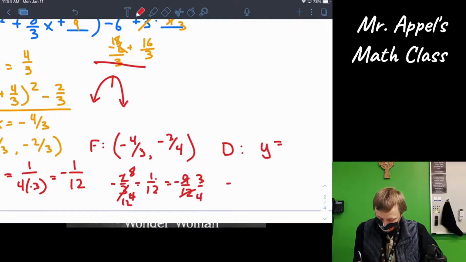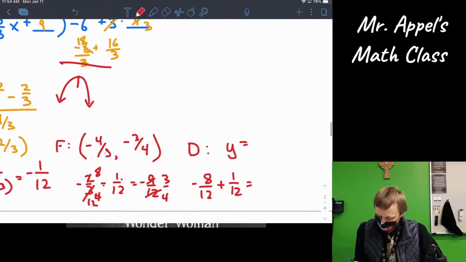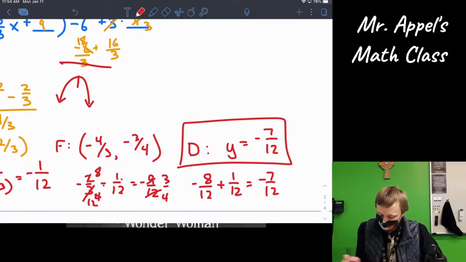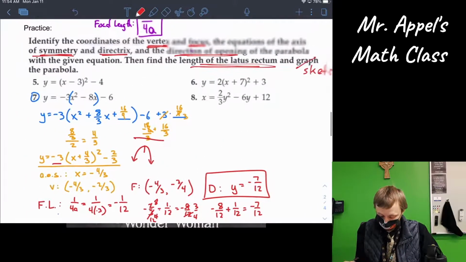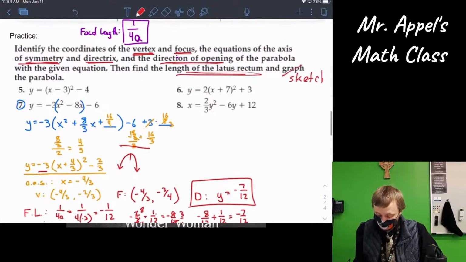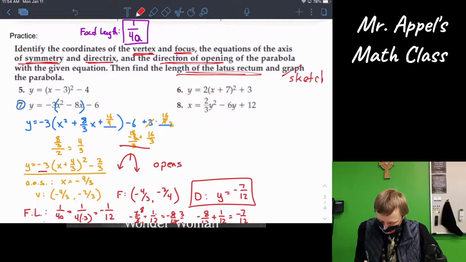So this would be a negative 8/12 plus 1/12, which gets us down to negative 7/12. That does not reduce. So that's the equation of our directrix right there. What else can we do? Direction of opening, down, because A was negative. That was easy. And then length of the latus rectum and a quick sketch.